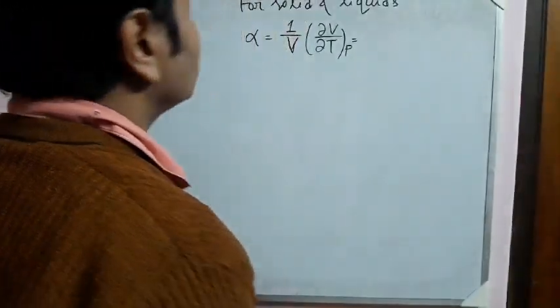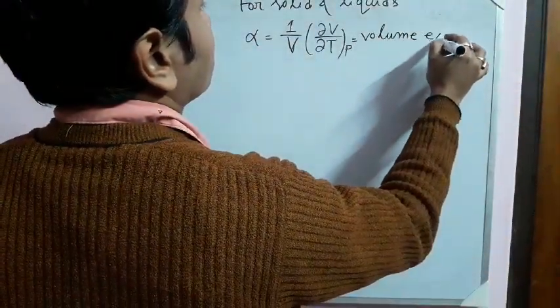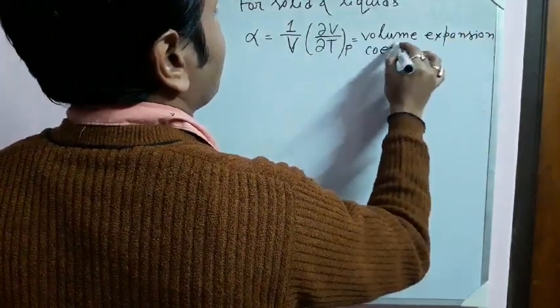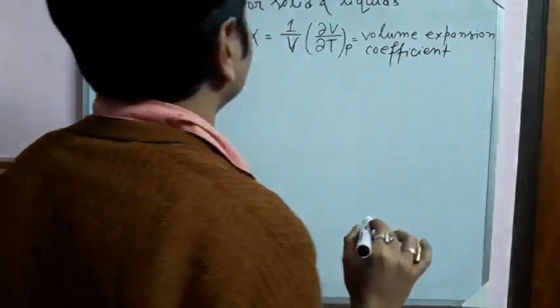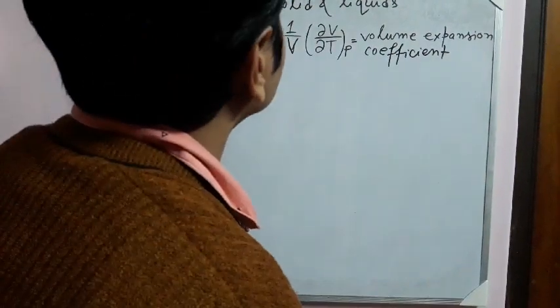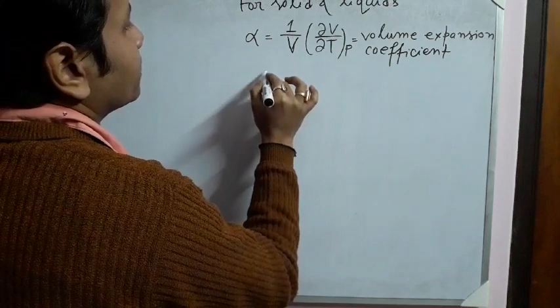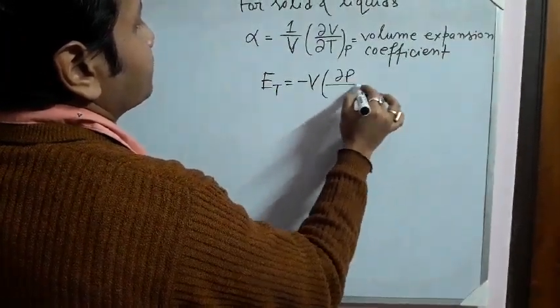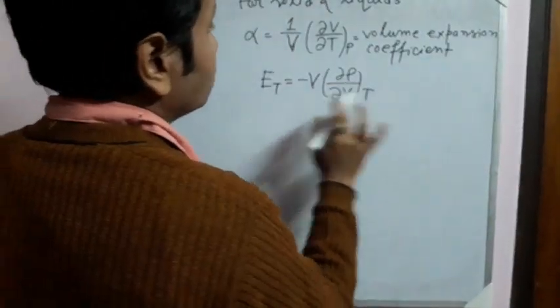And ET is the isothermal elasticity. This is the stress term, and this is del V by V, the volume strain.